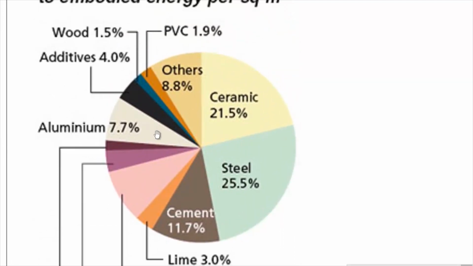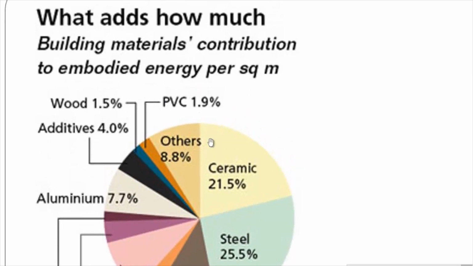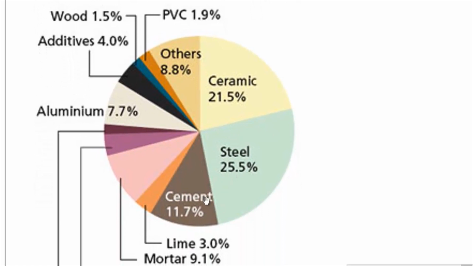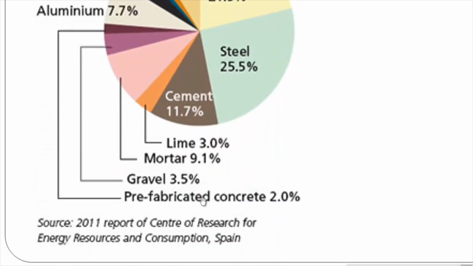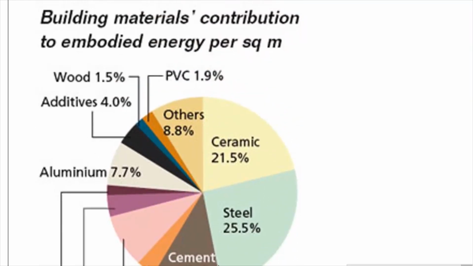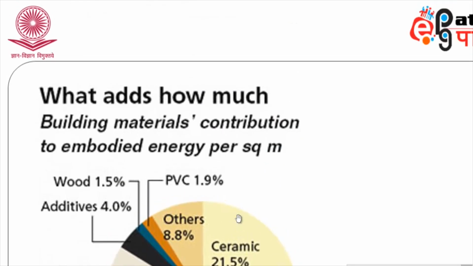Aluminum is 7.7%, additive is 4%, wood is 1.5%, PVC is 1.9%. So, thus we understand that ceramic, steel and cement play a major role in the embodied energy used in buildings. This is a report generated by the Center for Research for Energy Resources in Spain.